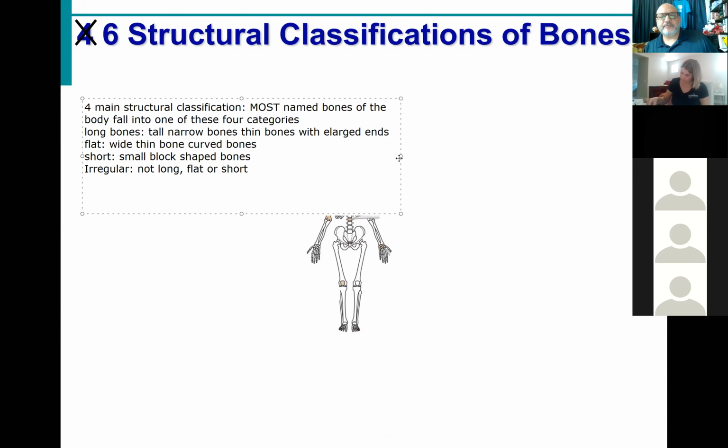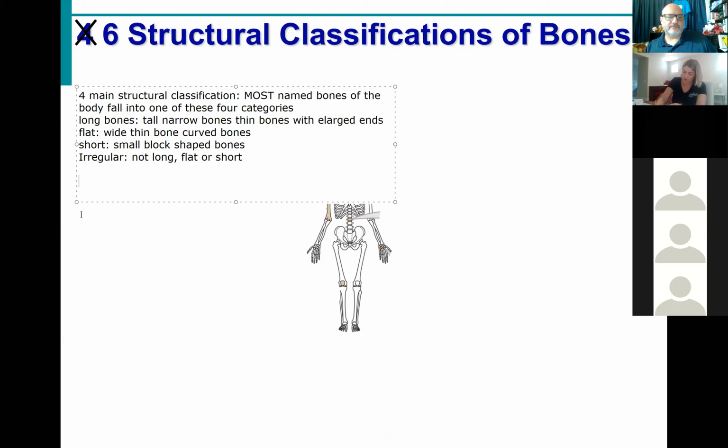All right. Of course, what's the key word in that sentence? Most. Most, because most means not all. So there are 2 other structural classifications.